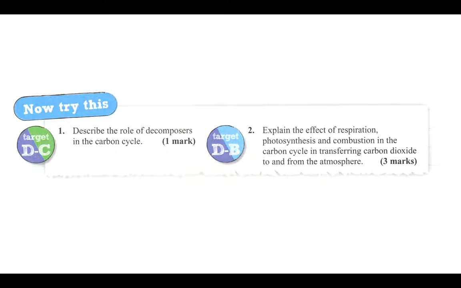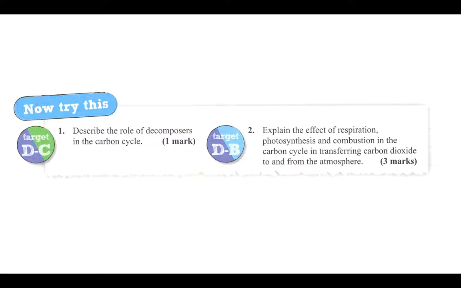Okay? Second question, explain the effect of respiration, photosynthesis and combustion in the carbon cycle in transferring carbon dioxide to and from the atmosphere. So you should have said, respiration releases carbon from compounds in living organisms as carbon dioxide. So during respiration, carbon dioxide is released from living things. That's 1 mark. Second mark for saying photosynthesis takes carbon dioxide from the air. And your third mark for saying combustion releases carbon from dead living things as fossil fuels.